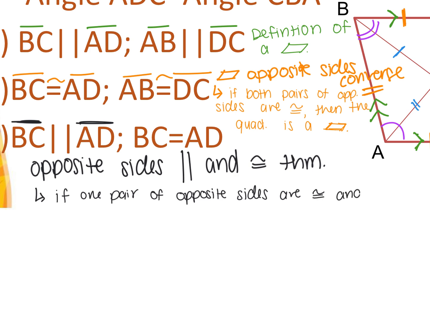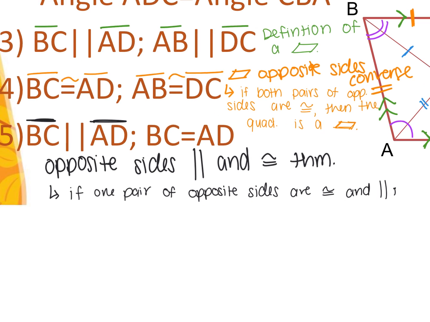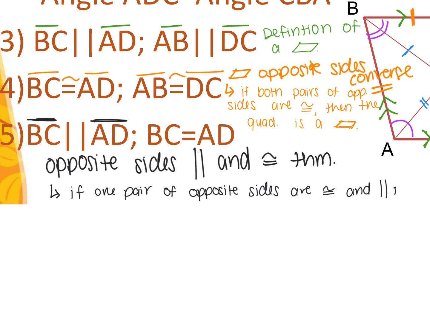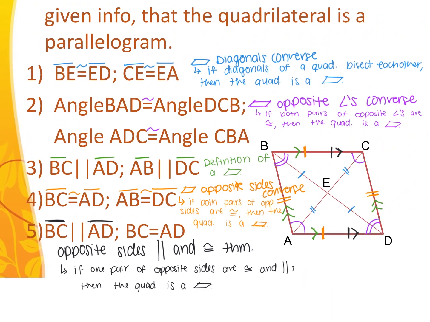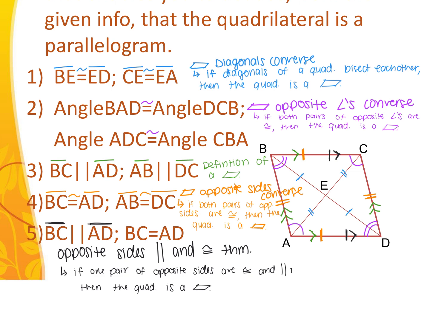Keep in mind it's the same side. The same pair of opposite sides have to be parallel and congruent. Then the quadrilateral is a parallelogram. Okay, these are always to prove that a quadrilateral is a parallelogram. So please do not get them mixed up. There are a lot of colors here and symbols. So please remember what goes with what.